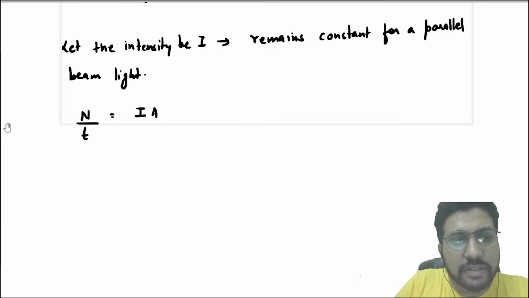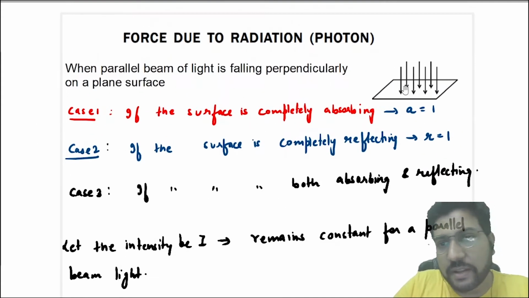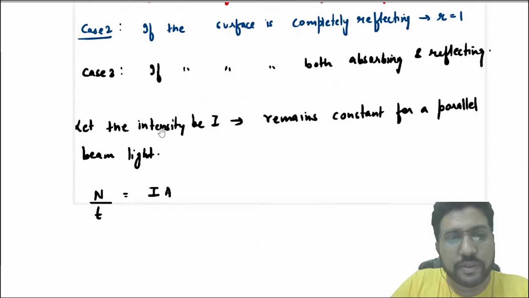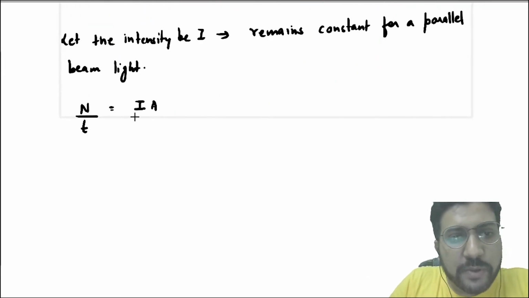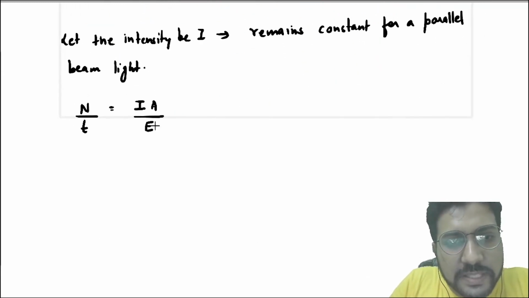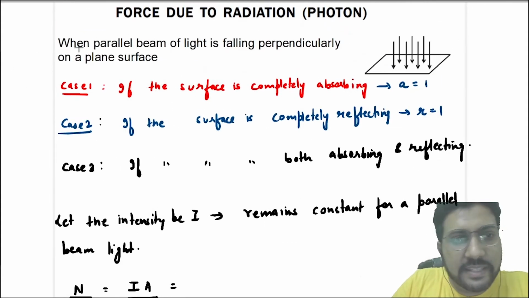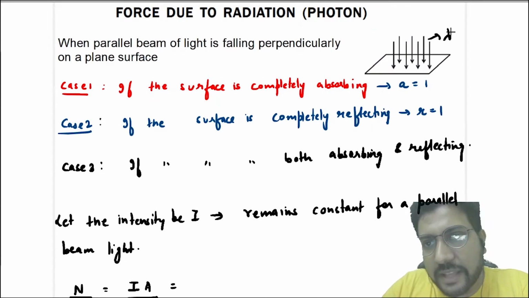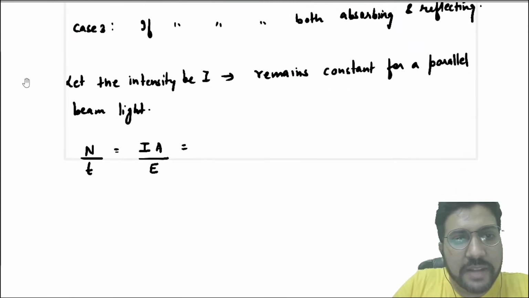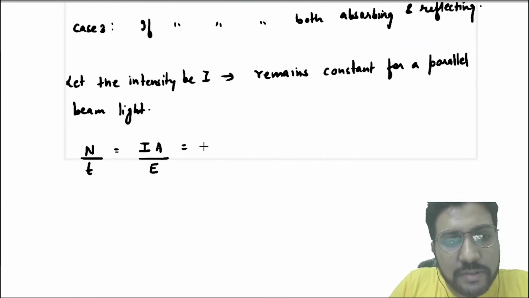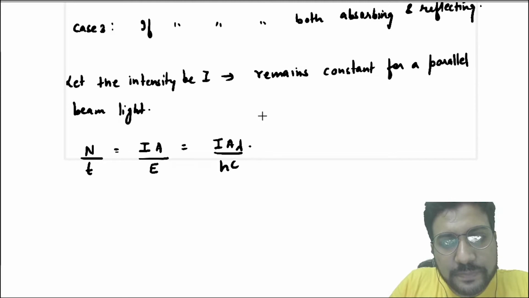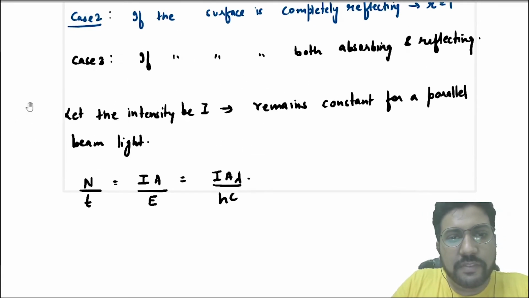Area has to be actually perpendicular to the flow of light. Now this area is already perpendicular to the flow of light, so the number of photons striking the metal plate per unit time is IA by E. And suppose the wavelength that this light is carrying is lambda, then E can be written as hc by lambda. So N by T is equal to IA by E, and that is equal to IA by hc by lambda. Okay, so this is the value of N by T.